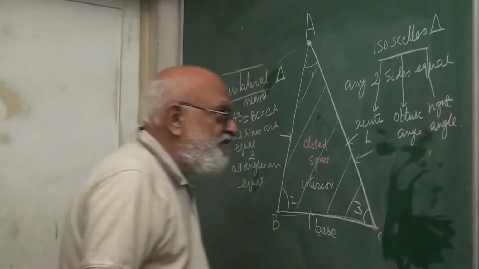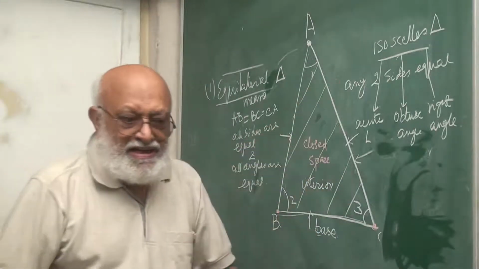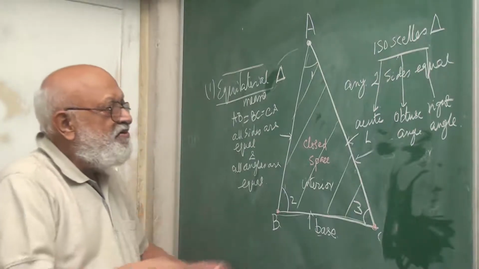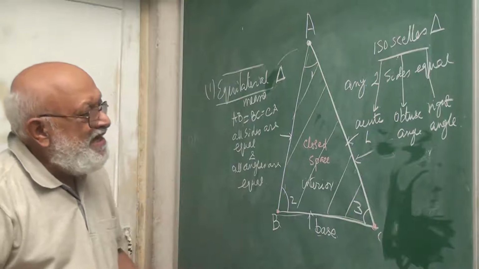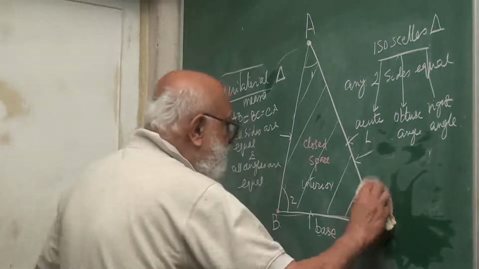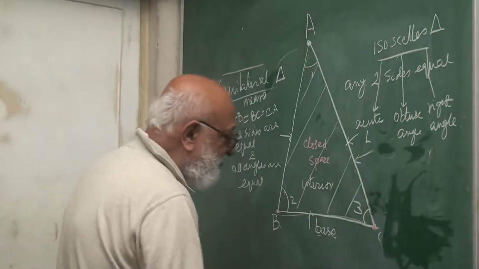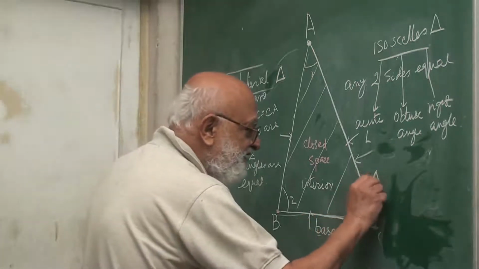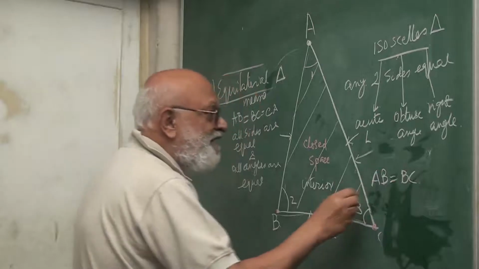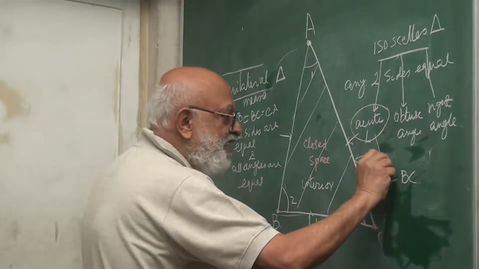So be careful, whenever you are shown multiple choice questions, MCQs, about which type of angle this is, look at it from various points of view. What would be an acute angle? If I make these two sides equal, AB equal to BC, then this becomes an acute angled isosceles triangle.